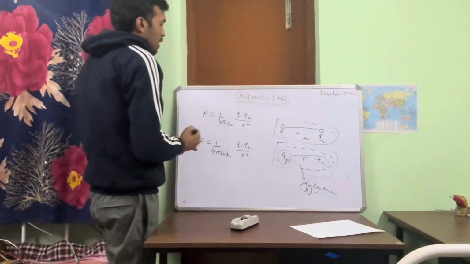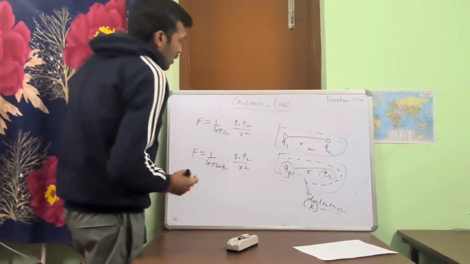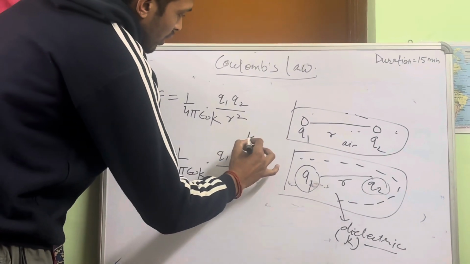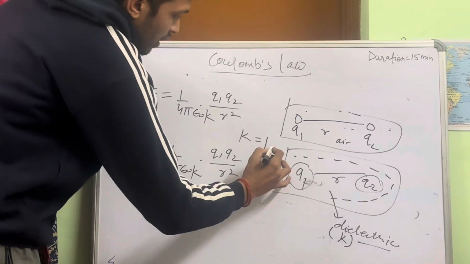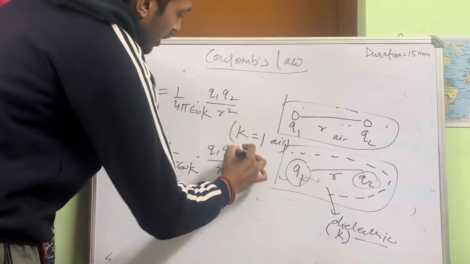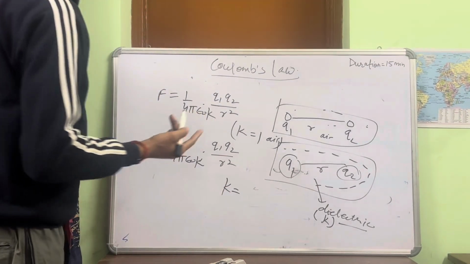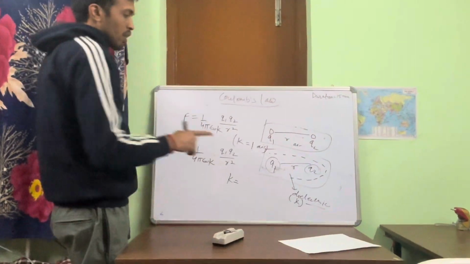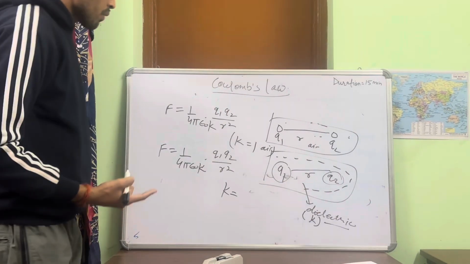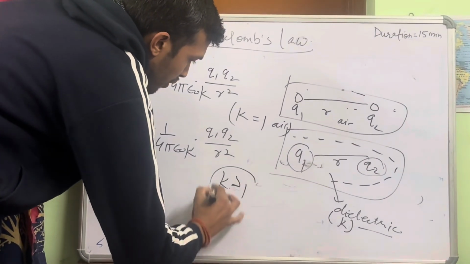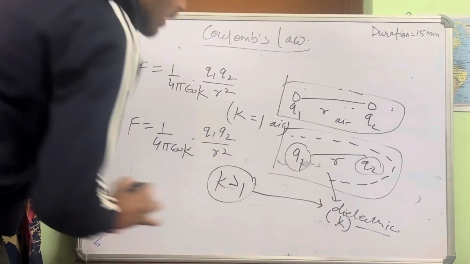And if we impose here some constant k, k is 1 for air, and the value of k will be greater than 1 for a dielectric medium.